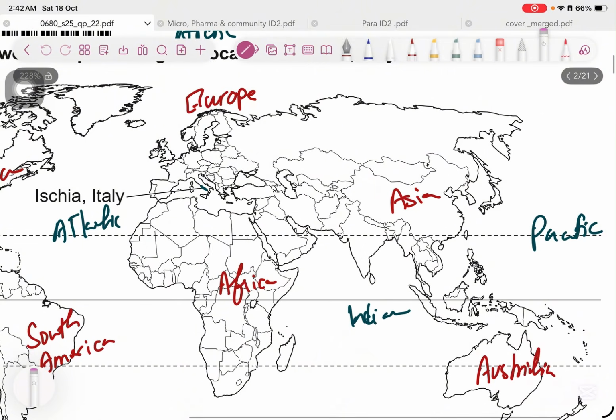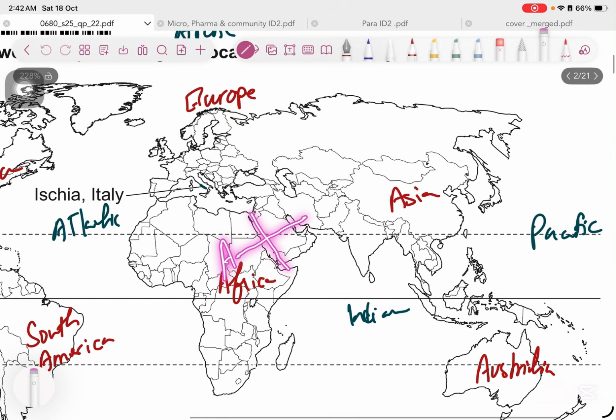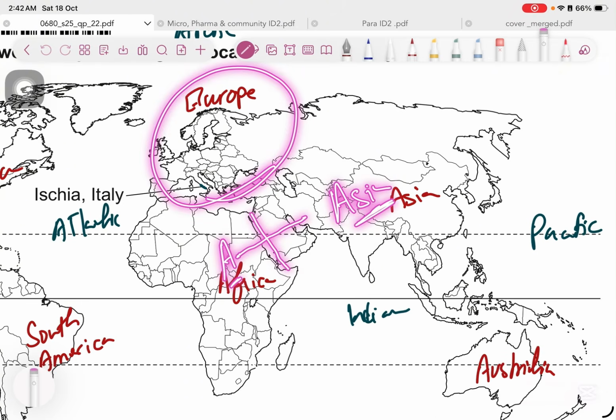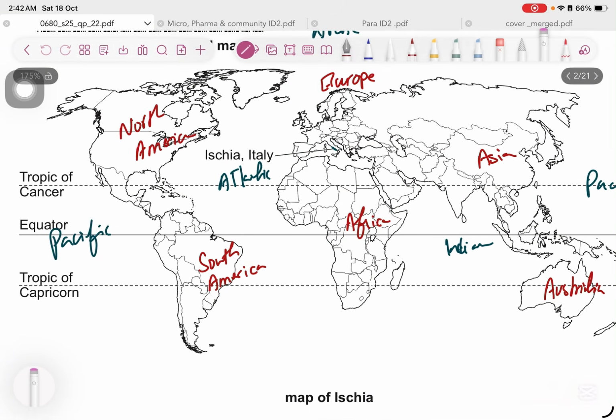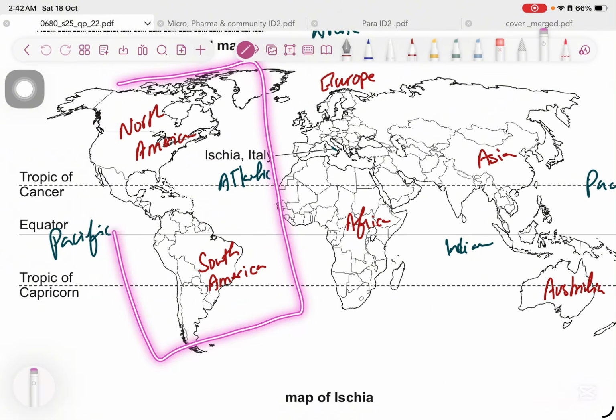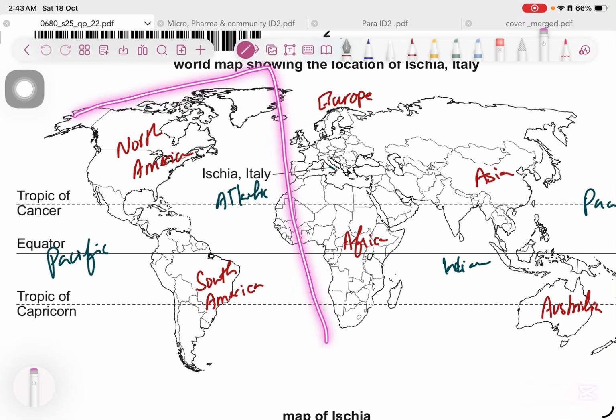Again, you're gonna know Africa from the Nile River. You're gonna annotate Africa, and then you know that Africa holds another A, which is Asia. So it's Africa and Asia, and right above them, it's Europe. Next, it's very easy to learn that America is on the left side.